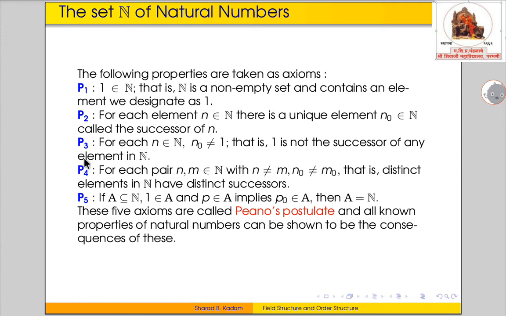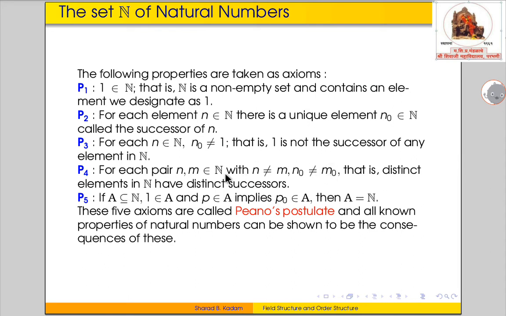The next property is P4, and it states that for each pair of natural numbers n and m with the property n is different from m, we get n0 is different from m0.